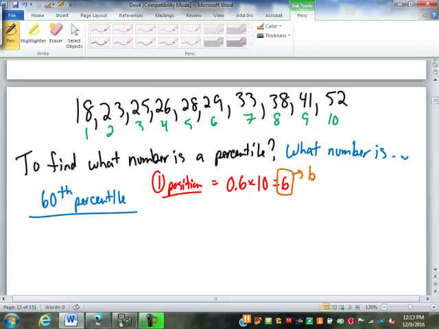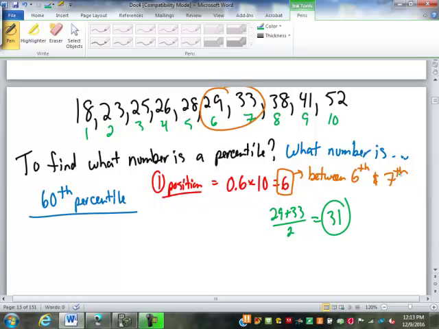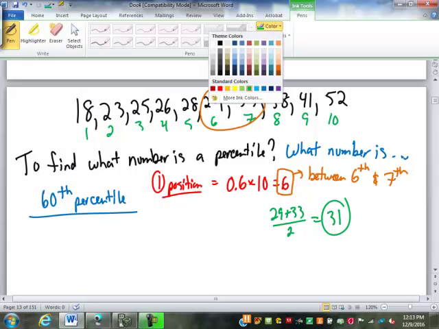That meant it was between the 6th one and the next one, which is the 7th one. So the 6th number is 29. The 7th number is 32. Well, 30 is between there, but it's not in the exact middle. What we're going to calculate here, we're going to do 29 plus 33 divided by 2, which is 31. So the 60th percentile is 31.